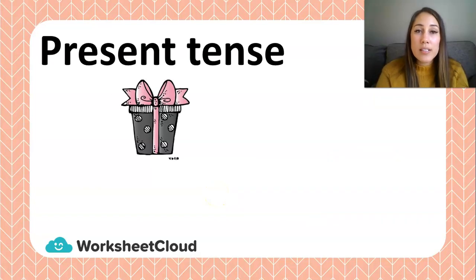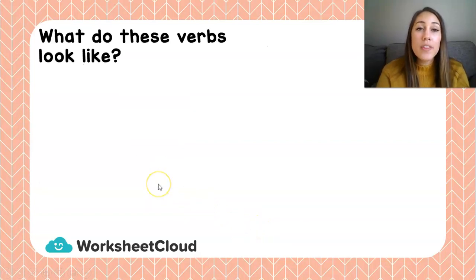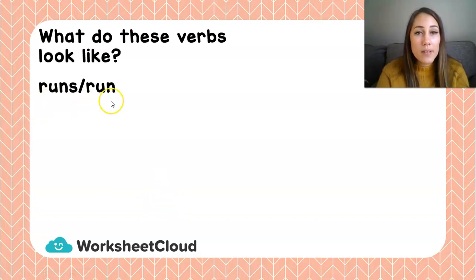So we've looked at present tense and we said that present tense is something that happens today or it happens now or it is still busy happening. Now that ing means that it is continuing to happen while we speak. So what do the verbs look like that happen today or now in the present tense? Runs or run. Now there's two different versions, and once we go through all the verbs, I can explain why there are two different versions of verbs.